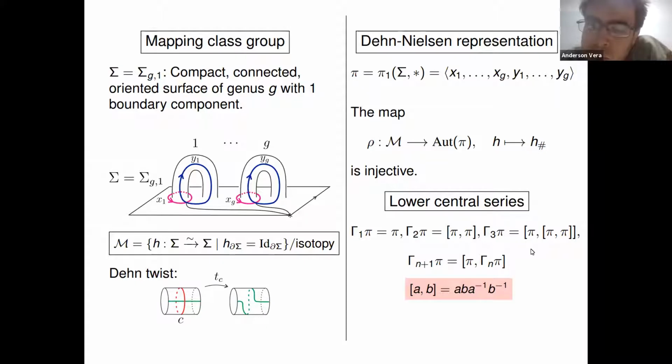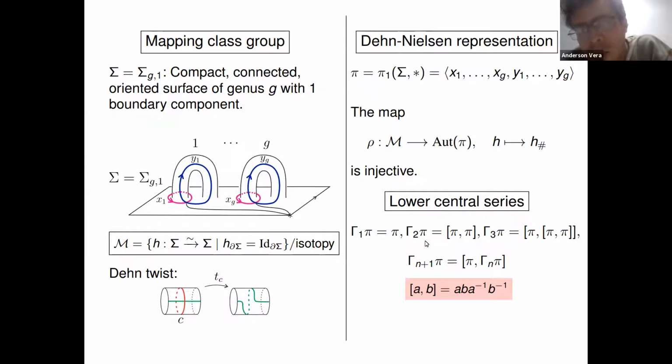The third term is generated by commutators of length 3, and so on. In general, gamma n+1 of pi is the subgroup generated by commutators of elements in pi with elements in gamma n of pi.